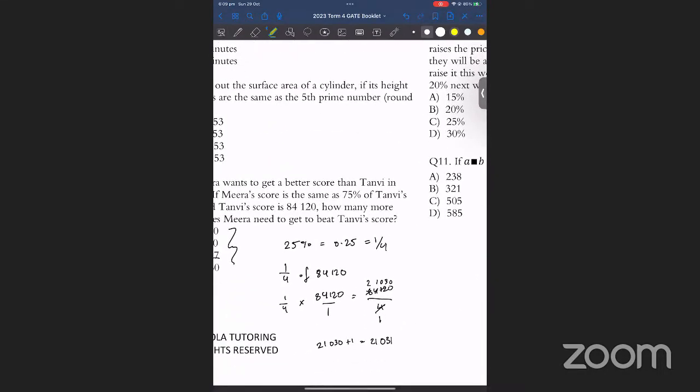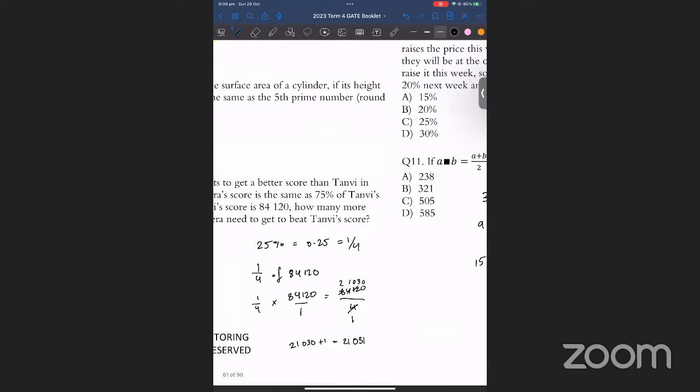If I were to use decimals, the multiplication would need you to do two levels: 84,120 multiplied by 0.25. It's easier to do just division by one number, 84,120 divided by 4. Do you understand?